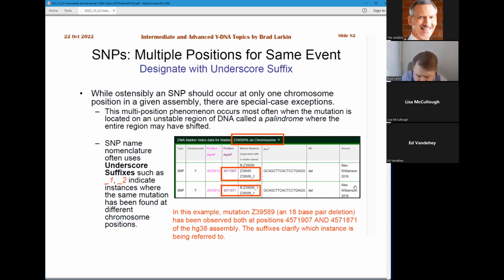Most commonly it's found at HC38 position 4571907. But some people have had a palindromic shift, and so that same 18 base pair deletion, you'll find it at chromosome position 4571871.